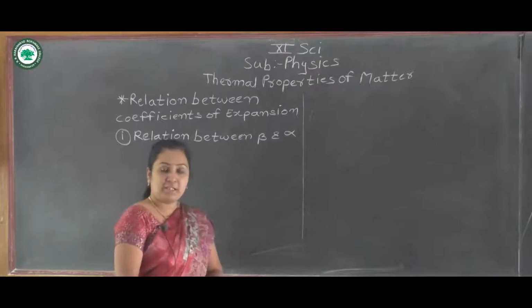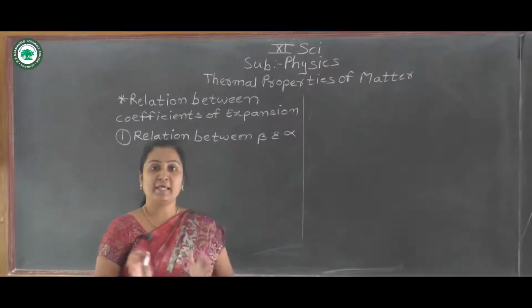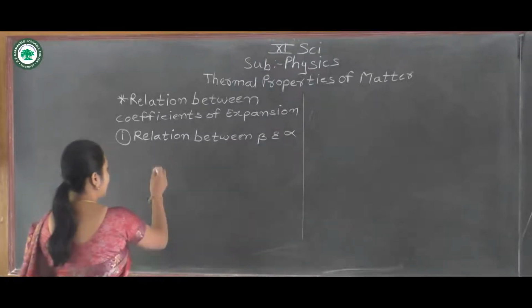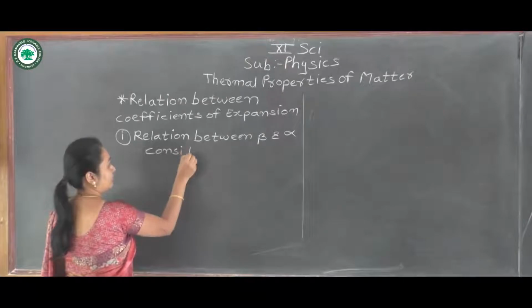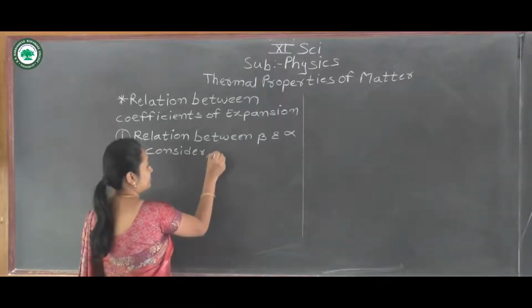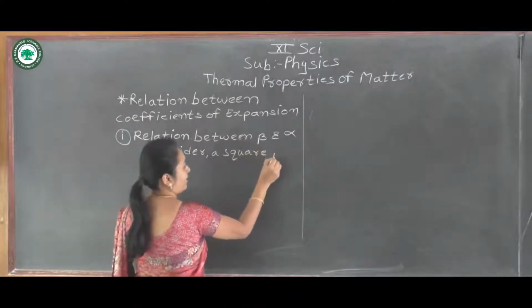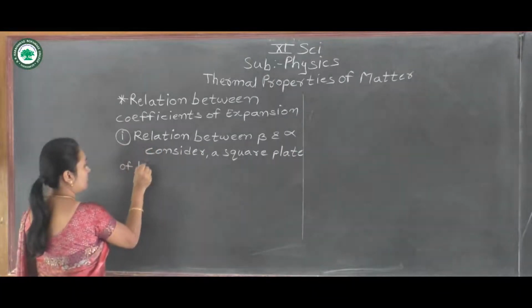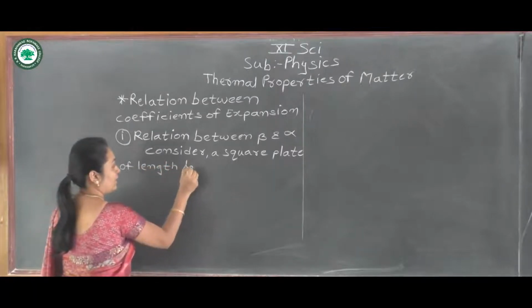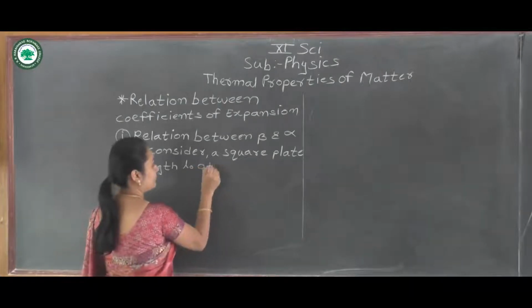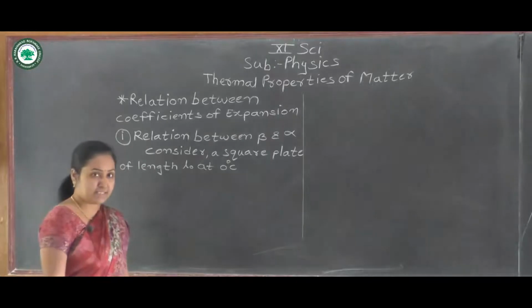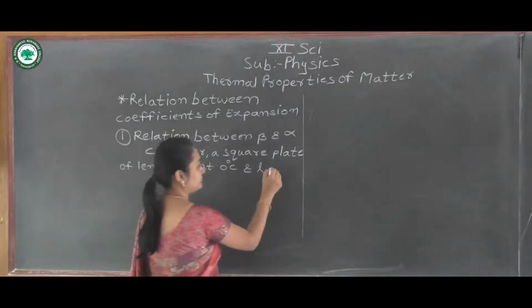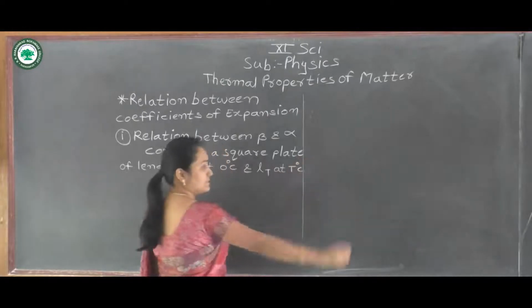To find this relation, we will consider a square plate of length L0 at 0 degree Celsius and length LT at T degree Celsius.